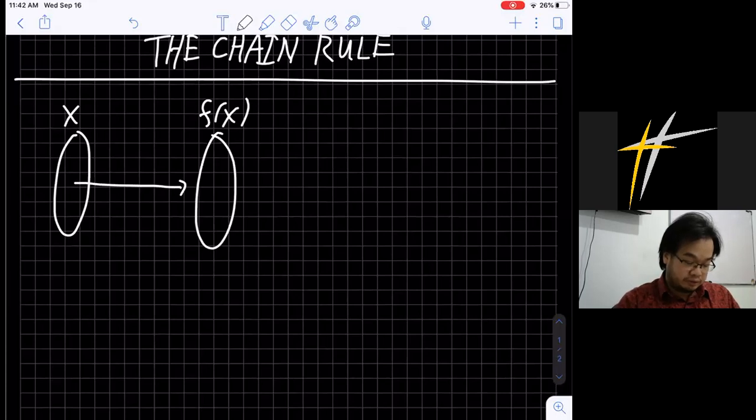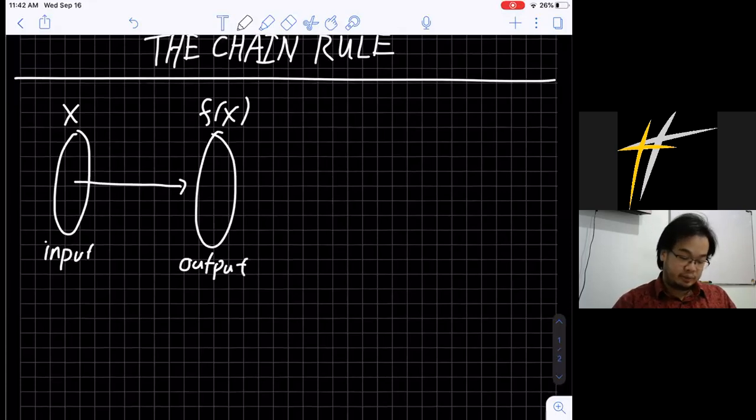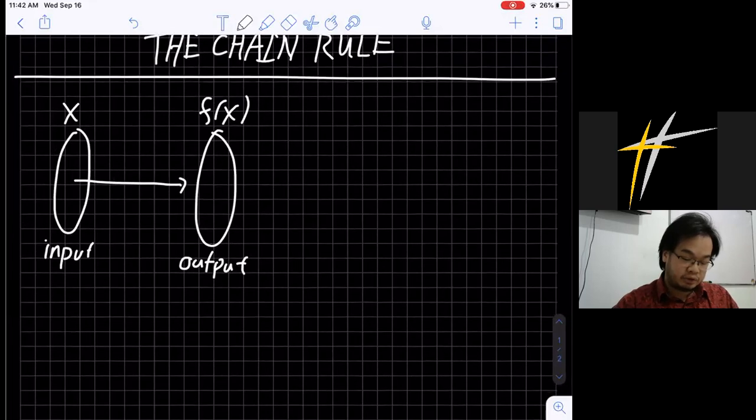This is the first input, and this will be the output of the function. Then, with the same f(x), I'm gonna use it as an input for the second function, let's say g(x). So this is input 1, output 1.